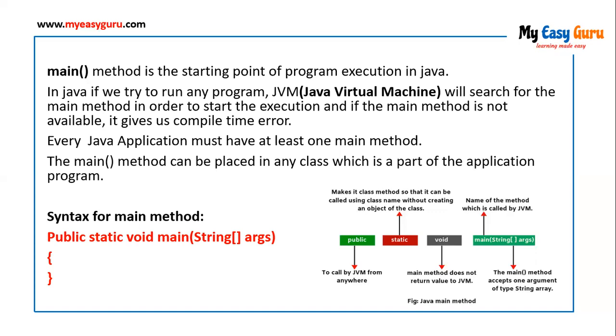So let's understand what is public static void and main. We have already understood that it is the starting point of program execution. The first one is public. To be called by JVM from anywhere, we mention public.